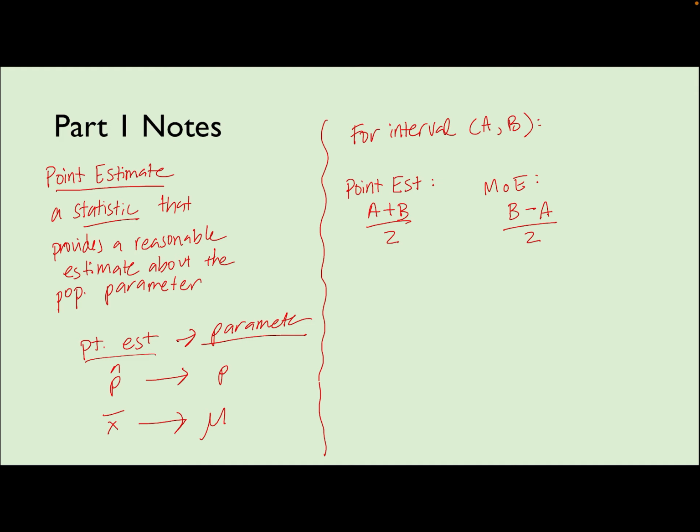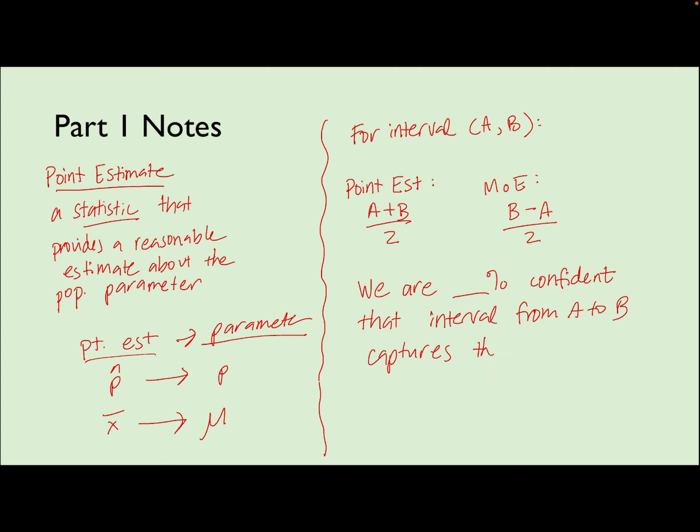And then I'm probably going to ask you to interpret it. The way you would interpret an interval is you can say, we are blank percent confident. For now, you can make up how confident you feel. There is a mathematical way to do it, we'll learn later this week. The interval from a to b captures the true parameter in context.